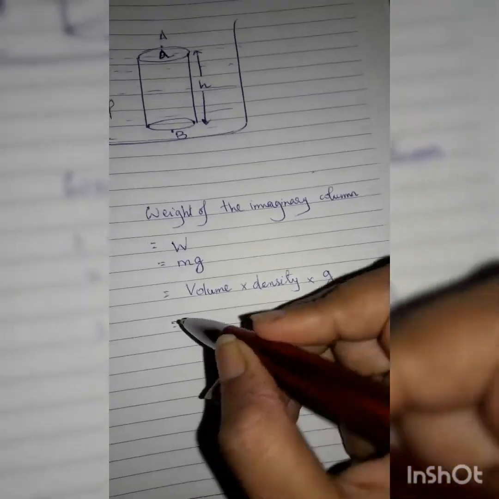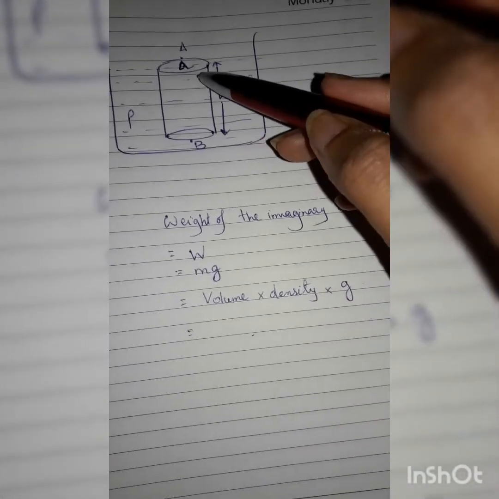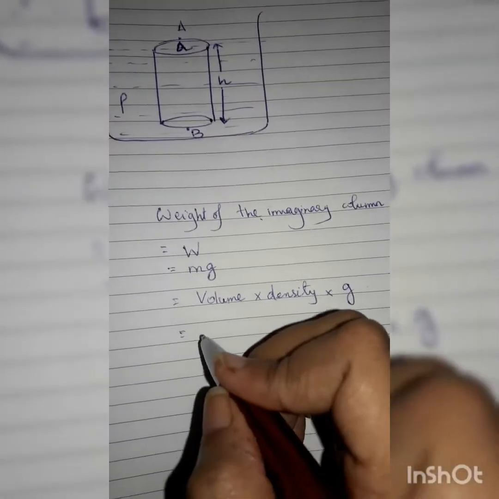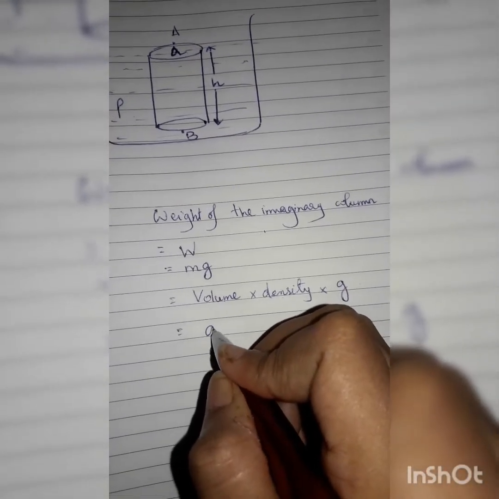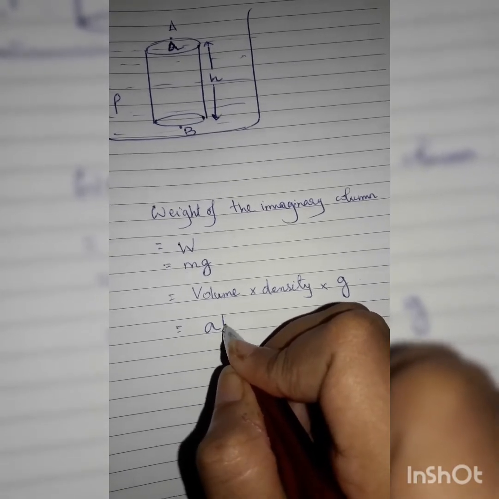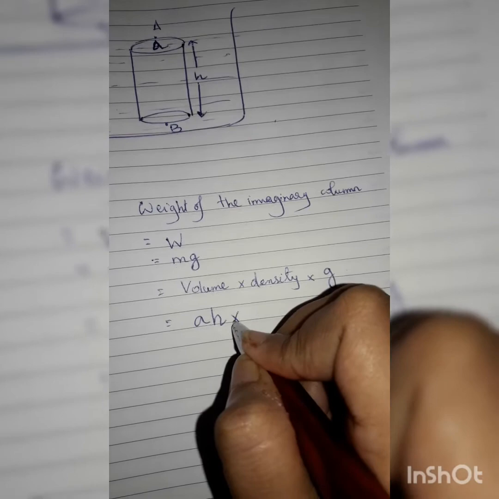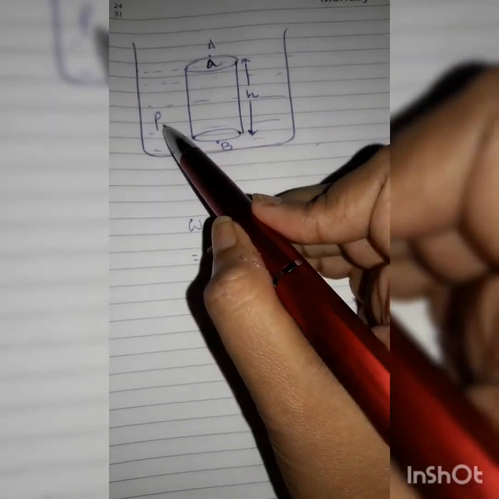Now here the volume is area into height, so I will have A into h, which gives you Ah. Density is my ρ.